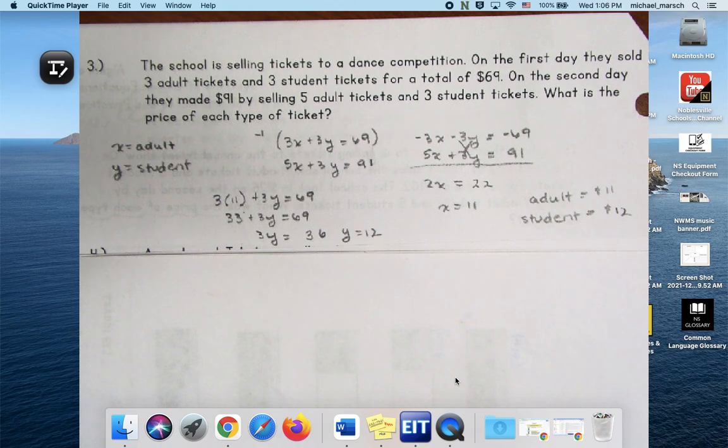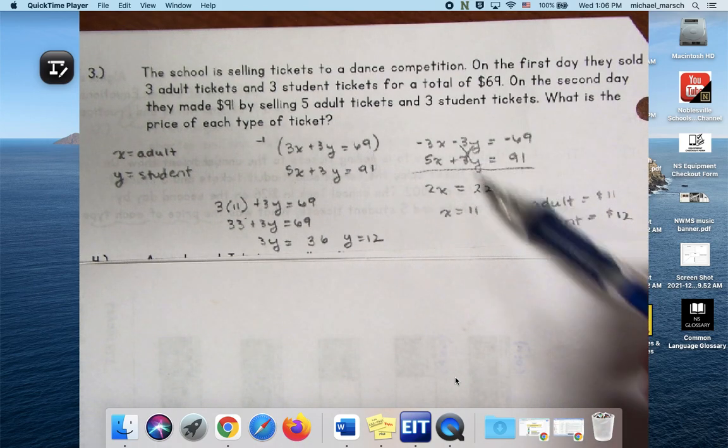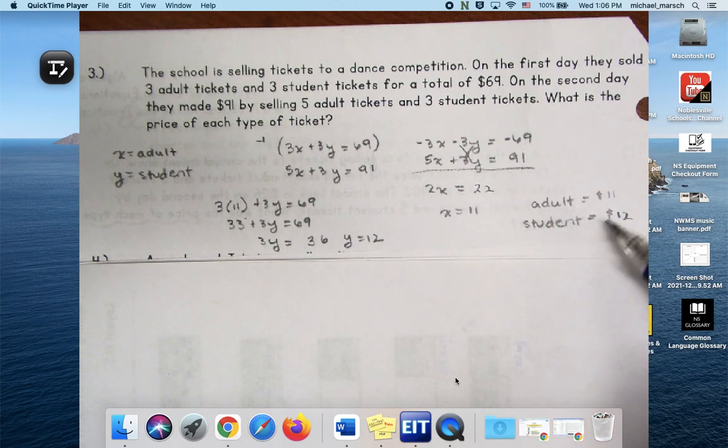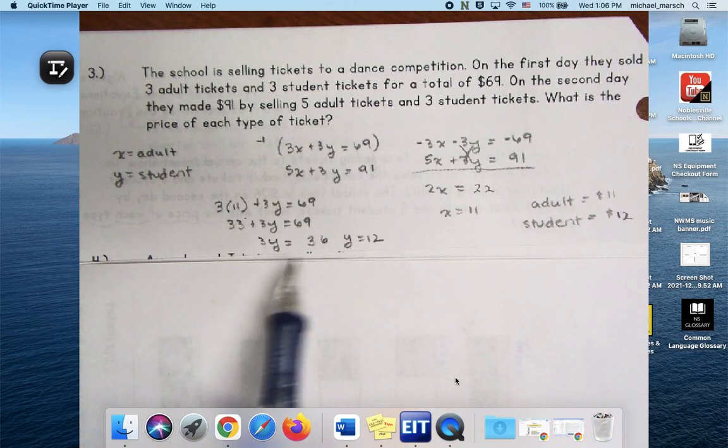So then once I had those 2 equations, I used elimination again. I had 2 x's left, and I had 22. X equals 11. And then I put that 11 back into the equation to find my y value.